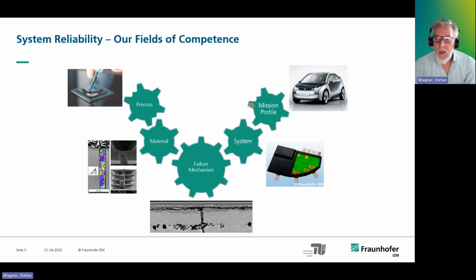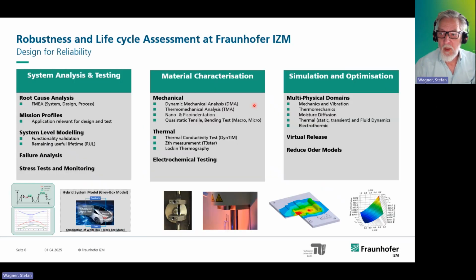Our experience and expertise lie in the fields of process analysis, materials, material characterization, the failure mechanism, and the system understanding. This allows us to support the design for reliability approach with three main aspects.